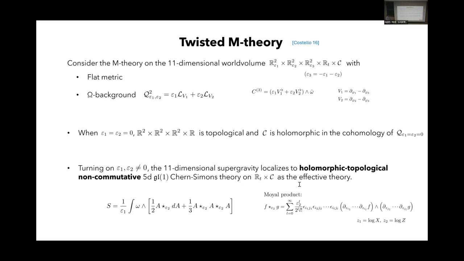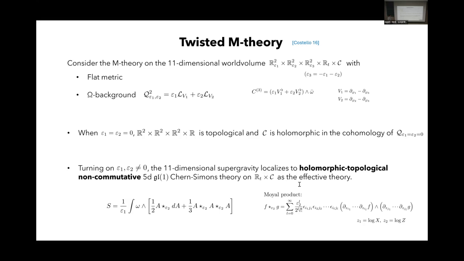It's a Lagrangian theory. Its action is written right here. If you're familiar with 3D Chern-Simons theory, you will recognize a similarity in this action. There's a crucial difference, which is that even though I have a Chern-Simons 3-form, I have to make the action a 5-form.